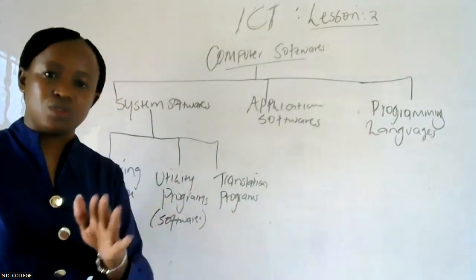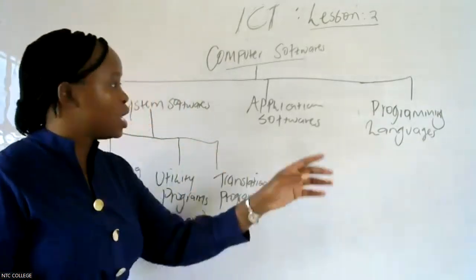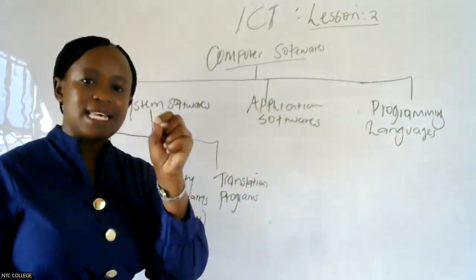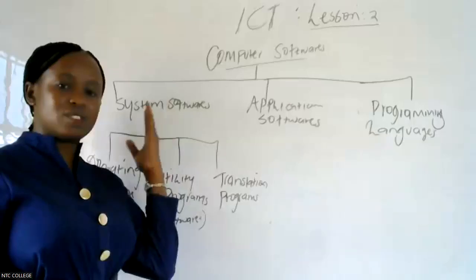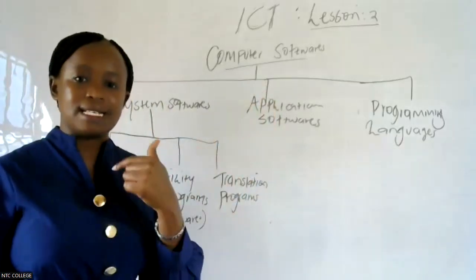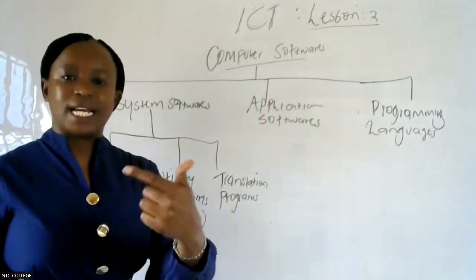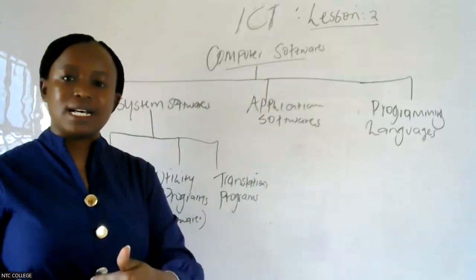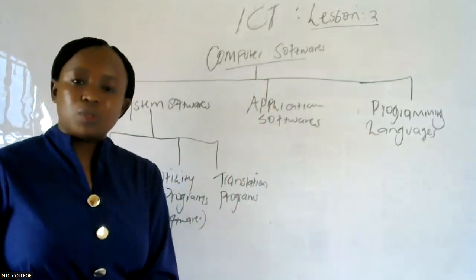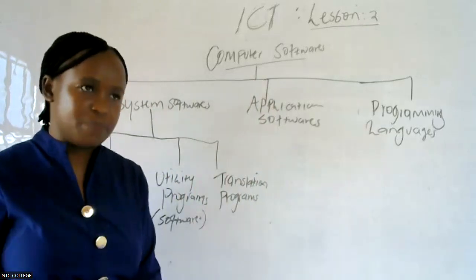Without the CPU, you don't have a machine, you don't have a system, you don't have a computer. So application softwares enhance users' efficiency. On this side, it's all about the machine. At the center here, it's all about us as the users of systems, the users of technology, the human input that is interacting with an information system.